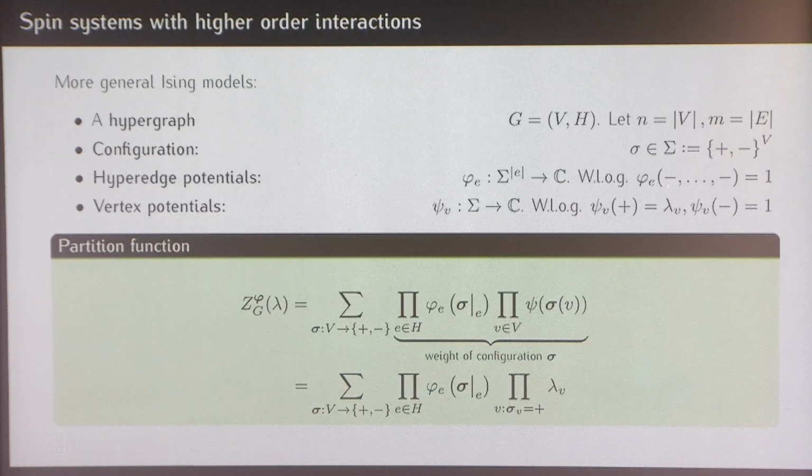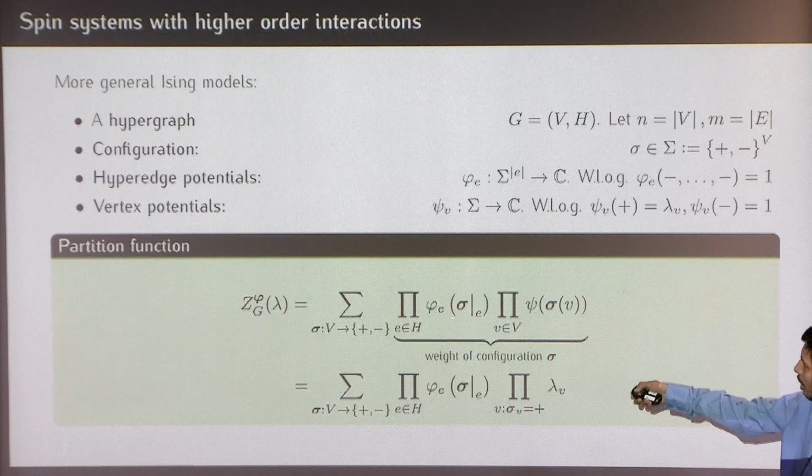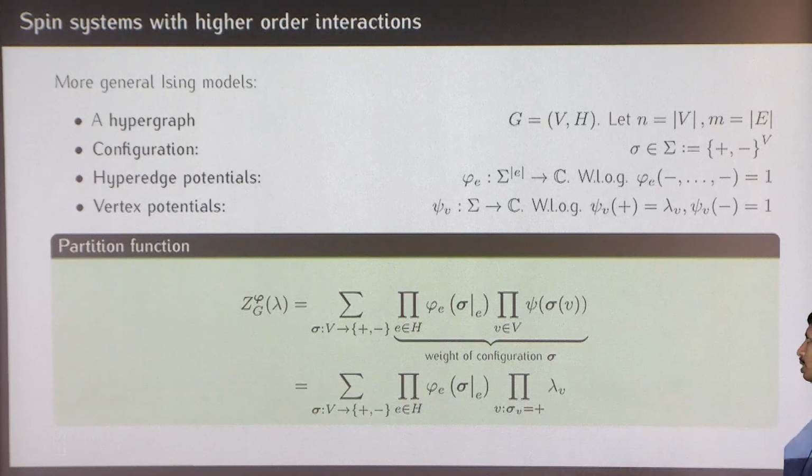For each hyperedge, it will look at what the spins of the vertices are and assign a weight. And one can also have vertex potentials. These correspond to the lambdas earlier. And then the partition function is just the sum over all configurations, product over all the hyperedges of the hyperedge potentials, and product over all the vertices of the vertex potentials. So we'll also look at these more general things.